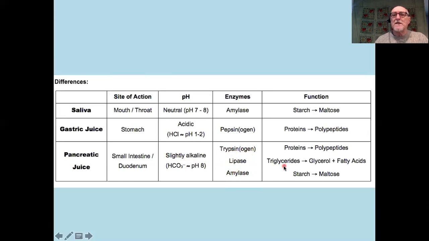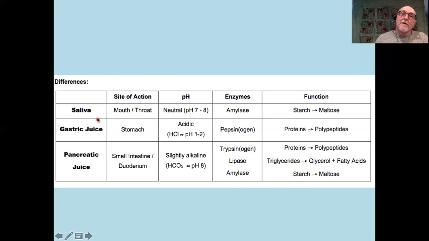Just remember that these are able to digest proteins, fats, and starches. If you want to memorize them now: trypsin, lipase, amylase. We will be discussing the function of the pancreas later on when we talk about digestion. But just remember, they digest these three things: proteins, triglycerides, fats, lipids, and starches.